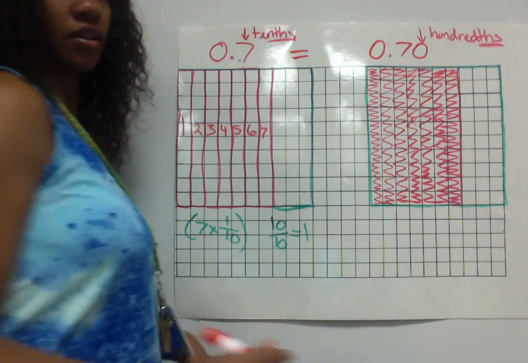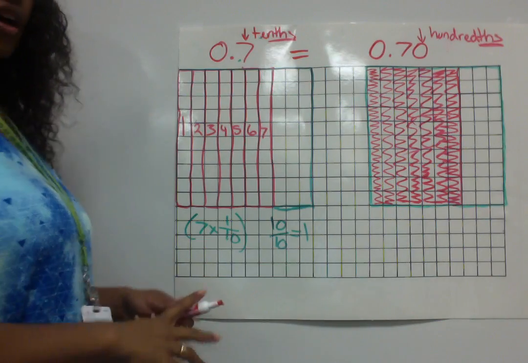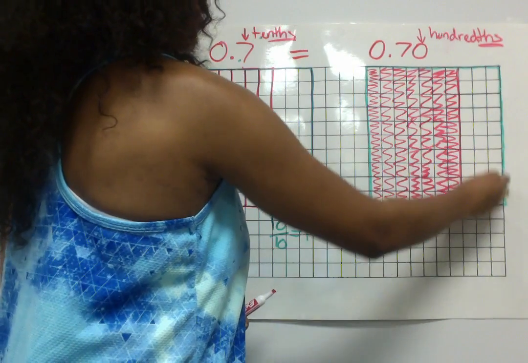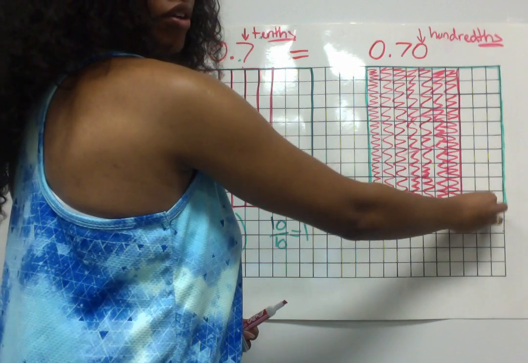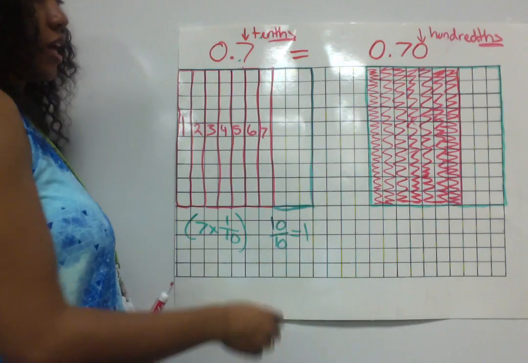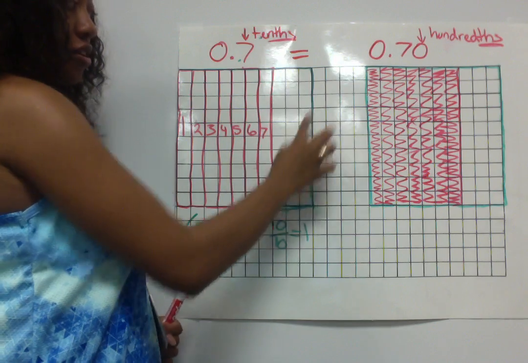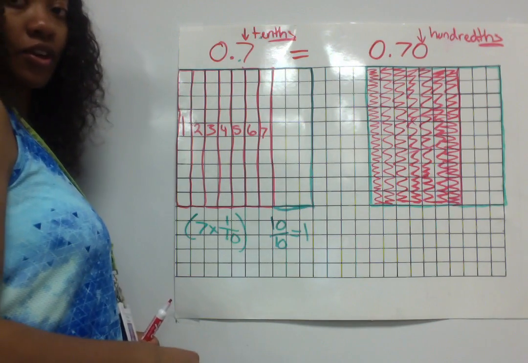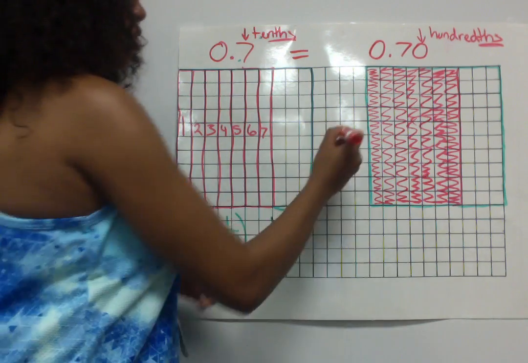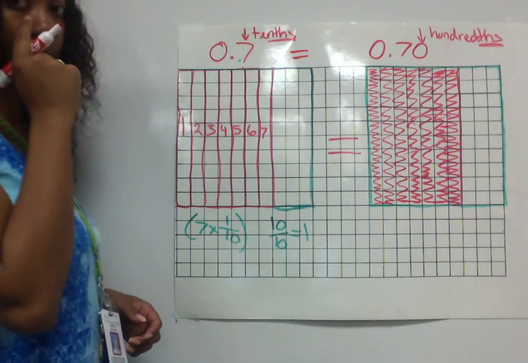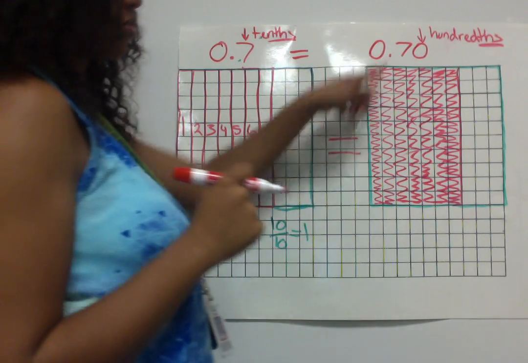And if you look, I have 30 individual over here that are not shaded, and I have 30 over here that are not shaded. So these are equivalent. Same thing.